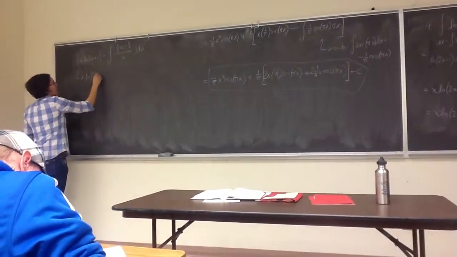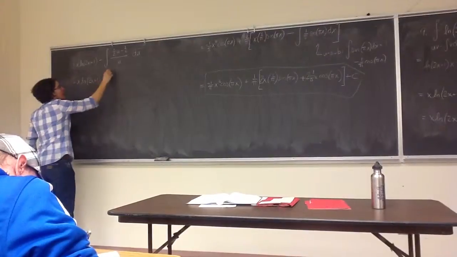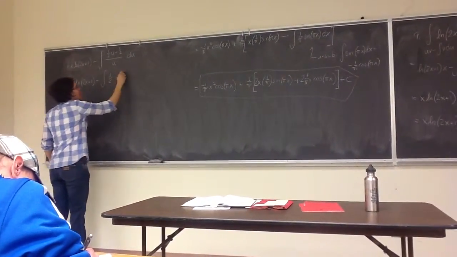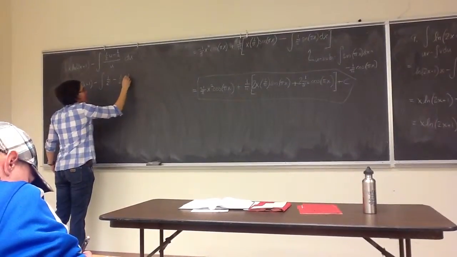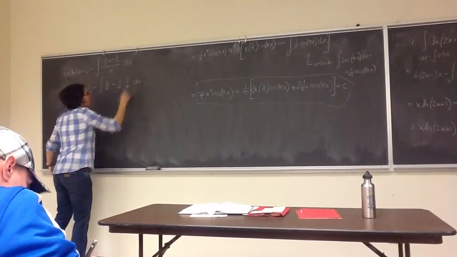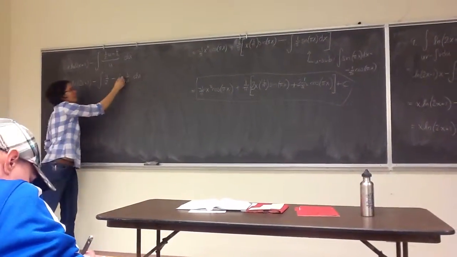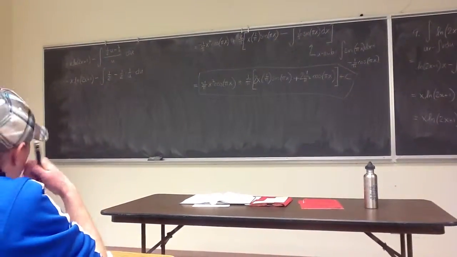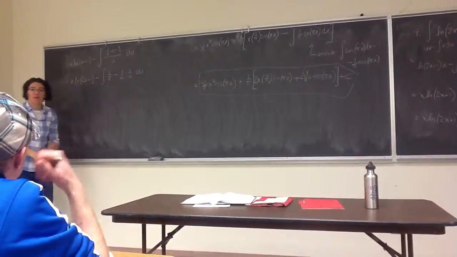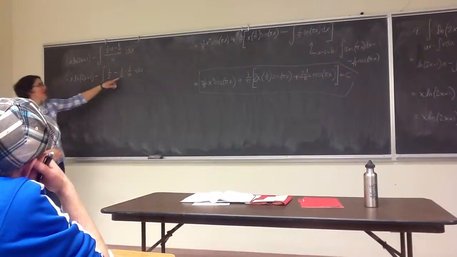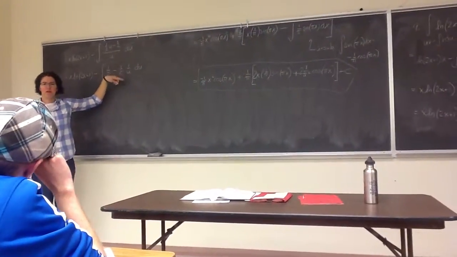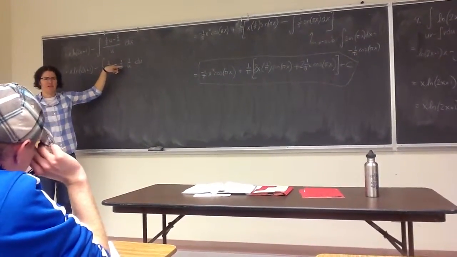x times natural log of 2x plus 1 minus the integral of 1/2 minus 1/2 times 1 over u du. Alright, so when I look at these pieces, the reason I wrote this as 1/2 times 1 over u is that way I don't have 1 over 2u that I have to do another u substitution.